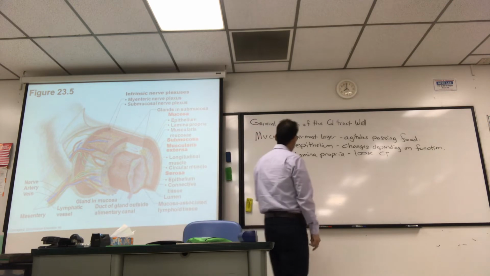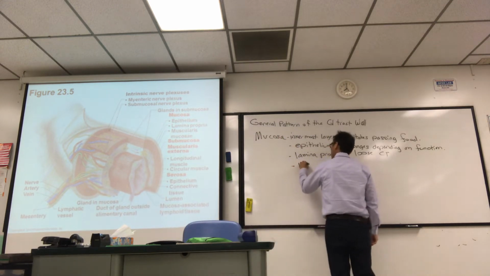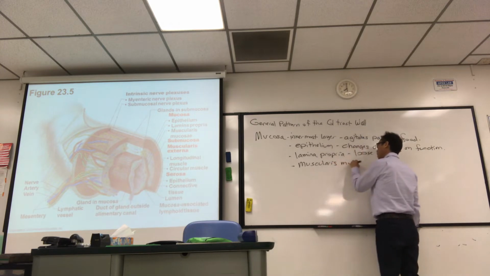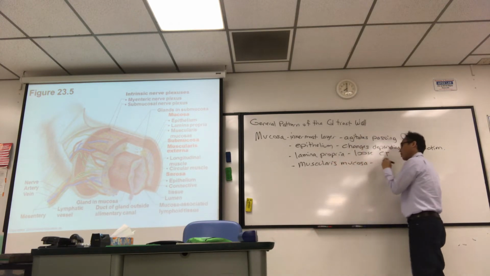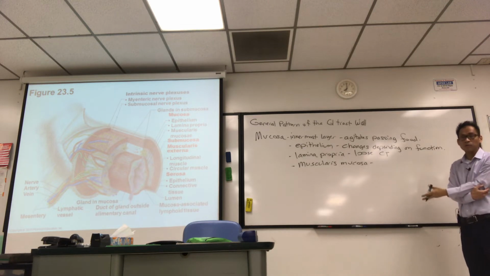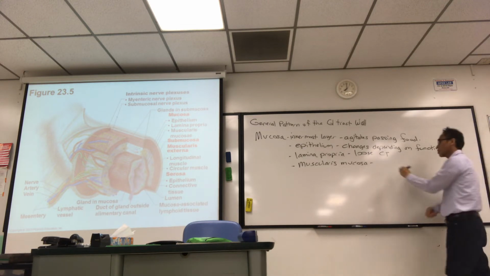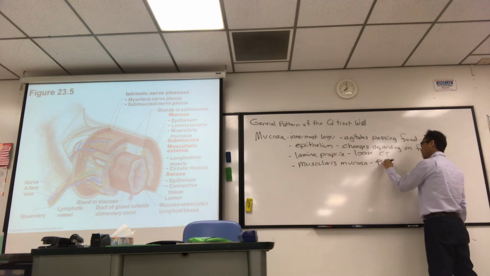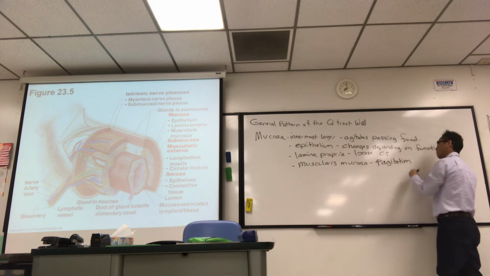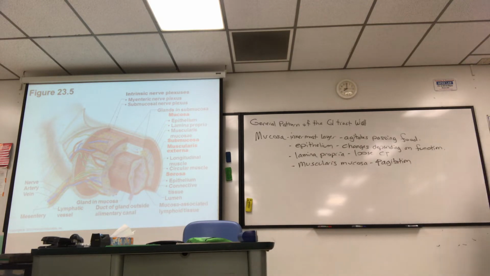It's called the muscularis mucosa. And having the muscle layer close inside increases the agitation of the food, which is good for digestion. By doing that, you're going to move food along better too.